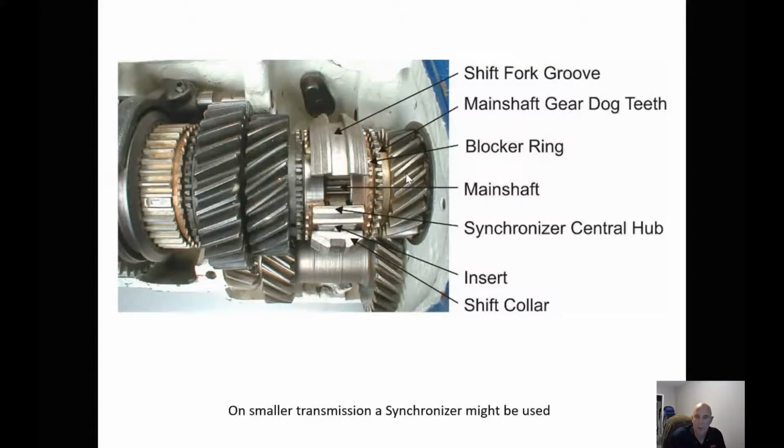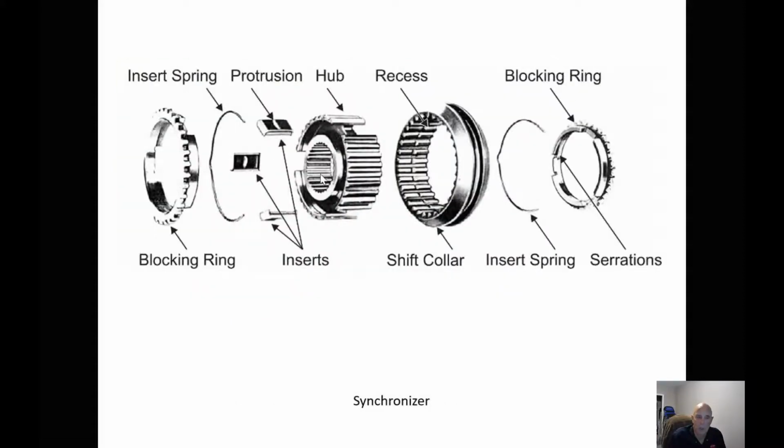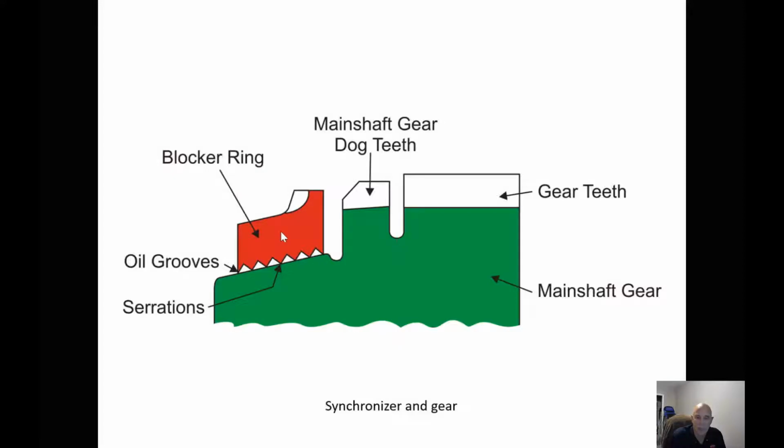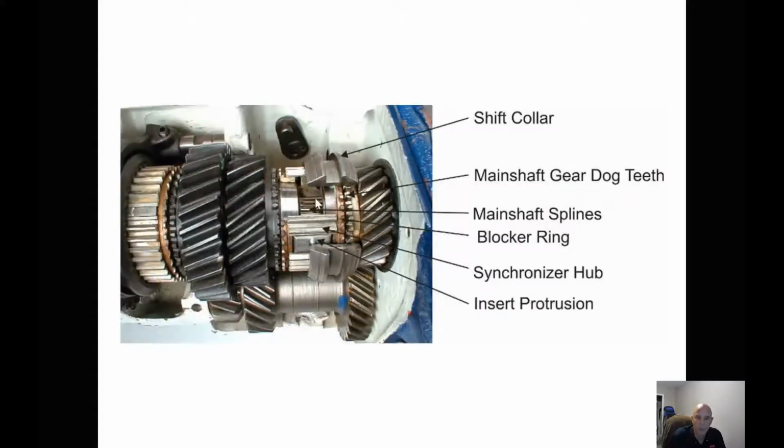So when that happens, our blocking ring gets pushed ahead, slows this gear down, and allows that sliding collar to mesh with this and engage into this main shaft gear, which now locks it to the main shaft. So this is with the sliding collar through the blocking ring and through this gear.